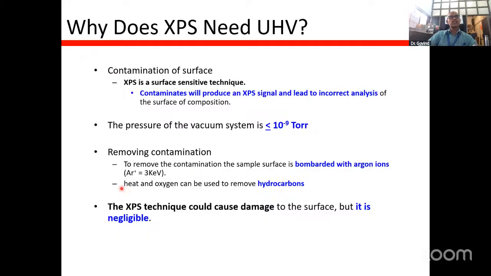Similarly, sometimes a heat arrangement is given inside the holder to remove oxygen, which is a contamination on the surface. These contamination removal techniques will damage the sample surface a little bit, but that is very negligible because we want to take the information from the surface of less than 10 angstrom.